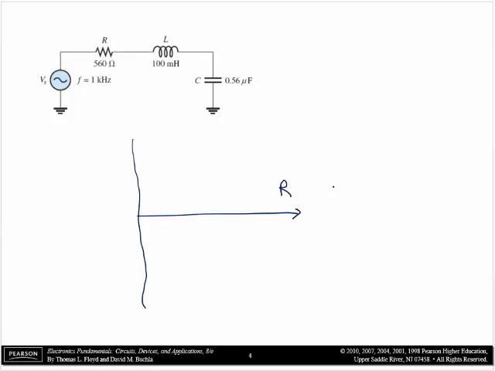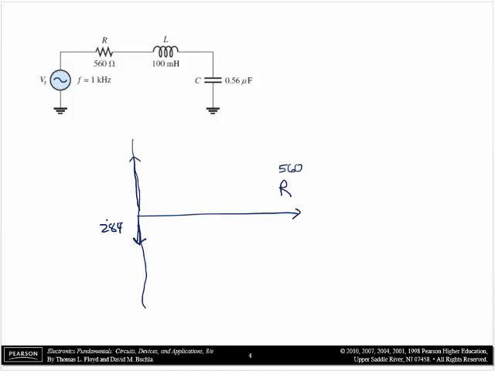R ended up being 560 ohms, so you would draw an arrow proportional to 560. Then XC was down 284, and XL is up.